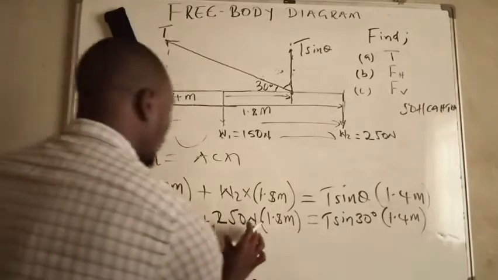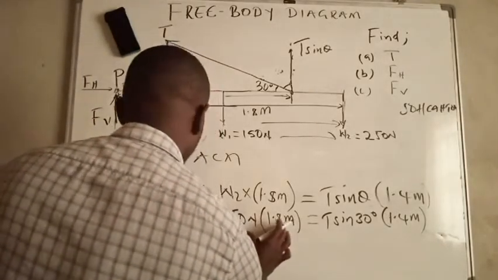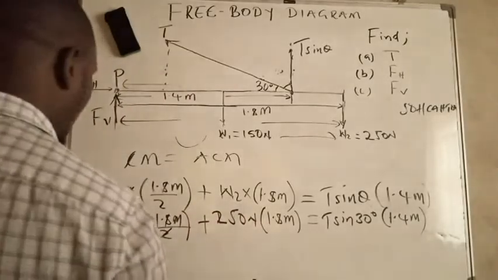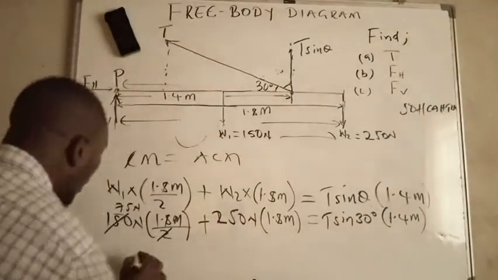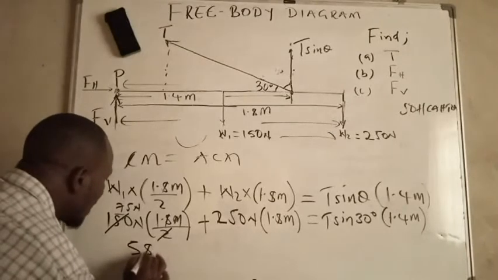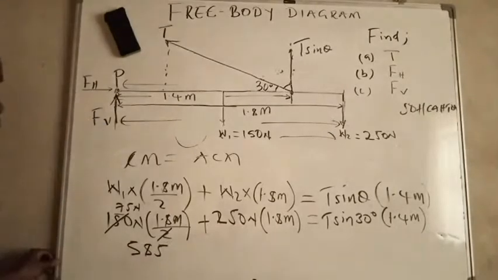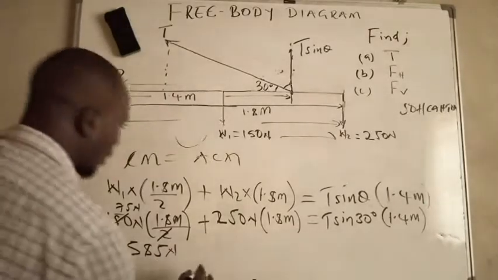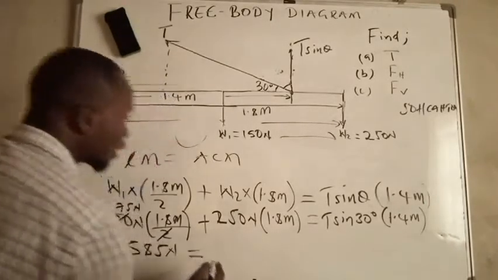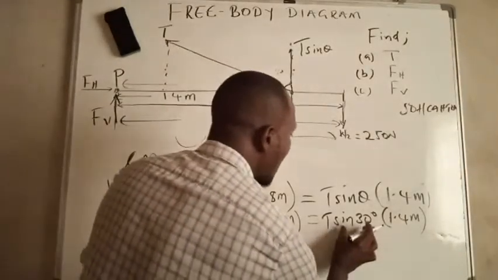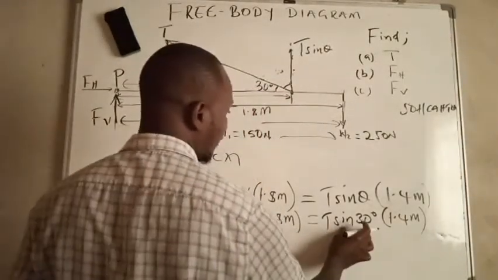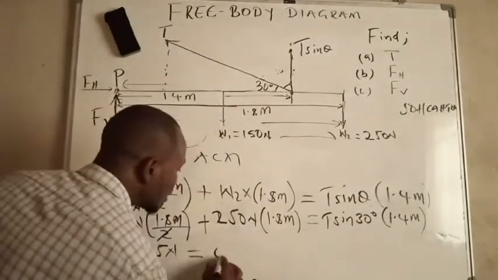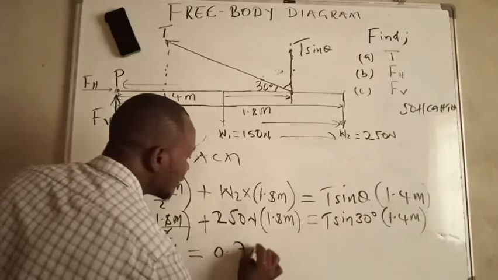And then if we multiply this one and this one, then add it to this, what we're going to have is 585 newtons. So here we equate to this one. T sine 30 is just 0.5 or half. Then times this, we get 0.7T.